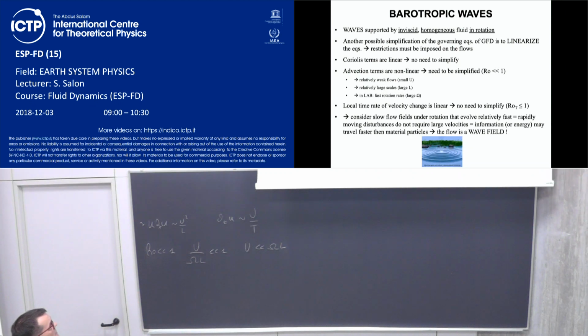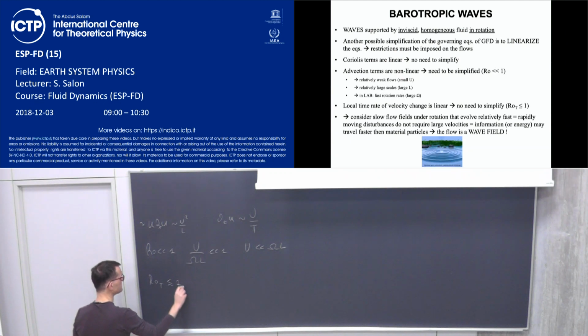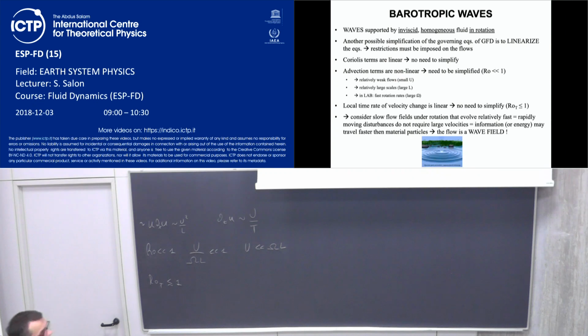When we consider the ratio between this one and the Coriolis term, we have the temporal Rossby number, which is of order 1, or smaller than 1. But for sure, it is not much smaller than 1.